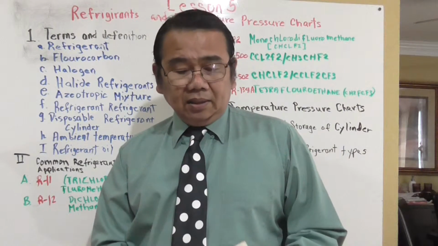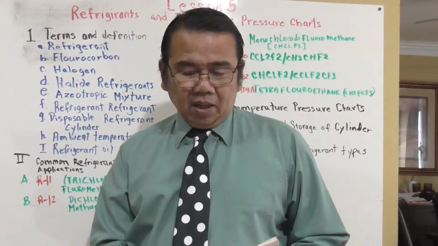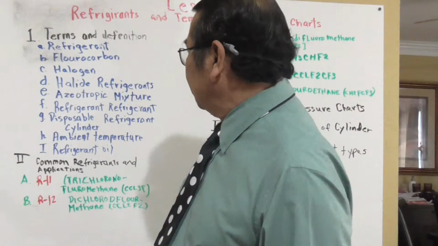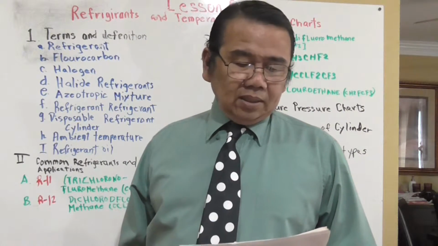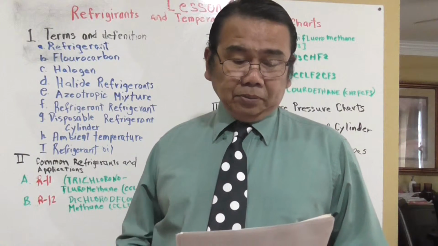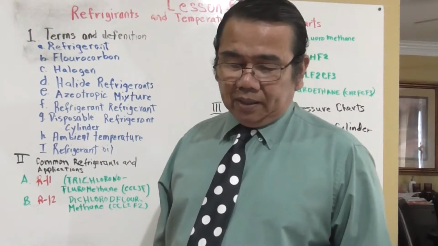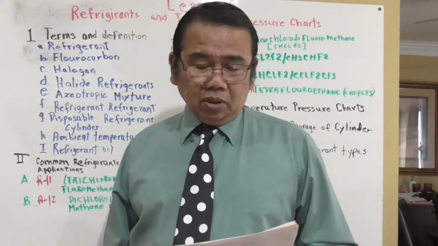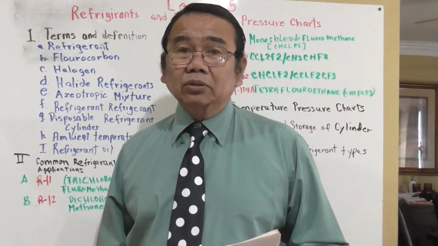We also have the disposable refrigerant cylinder. When purchasing refrigerant, many times the cylinders are not reusable. Dispose of the cylinder when empty. Dispose of it properly, and make sure you check the law on how to dispose of this.